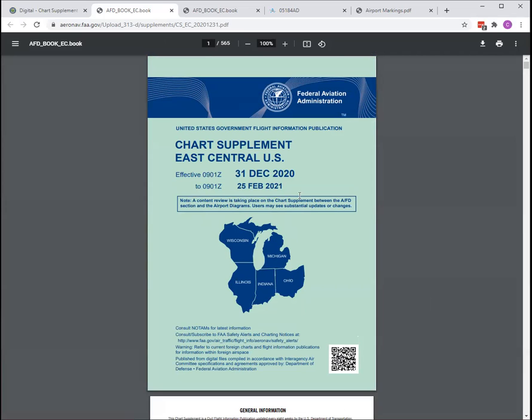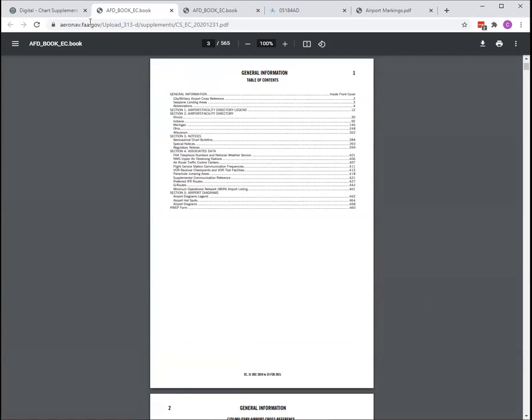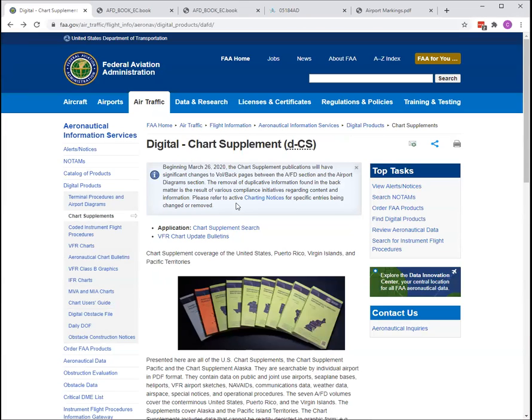The point of having this book is you don't have to reissue sectional charts as often. The sectional charts are on a rotating basis, so they get updated every so often, and then everybody has to get new sectional charts or download the current one. In the intermediate period between when they issue new sectional charts, the FAA puts out the chart supplement.